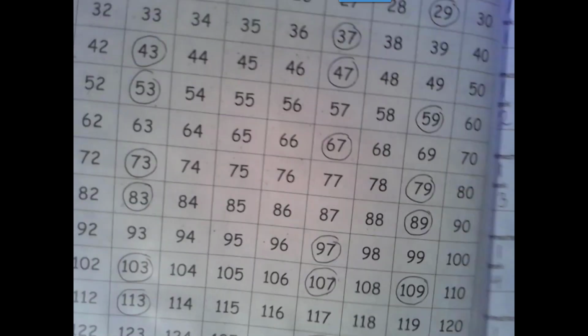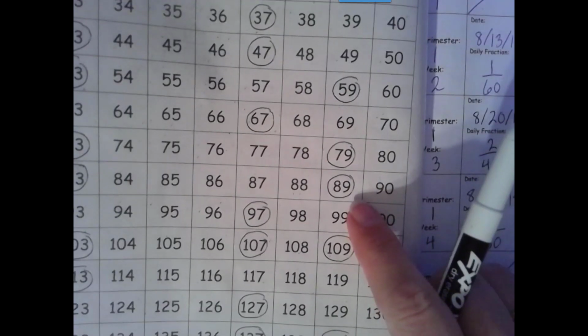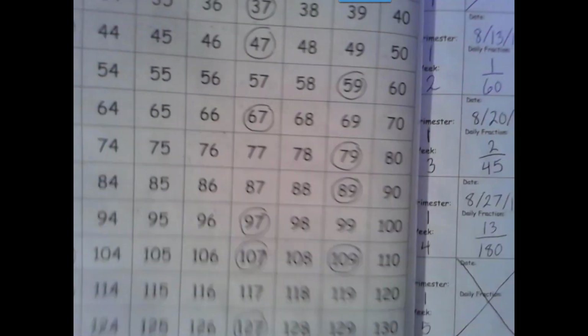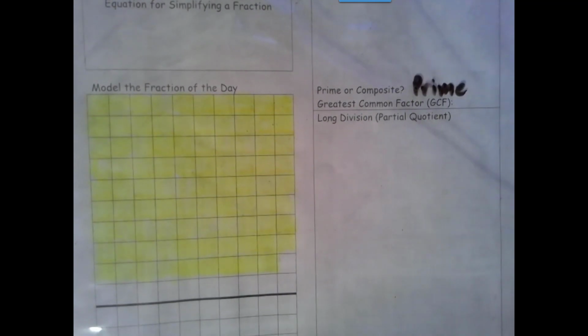I'm going to check on my prime number sieve to see if 89 may be prime. Yes, it is. Since 89 is prime, that means it has exactly 2 factors, and those 2 factors are 1 and the number itself.